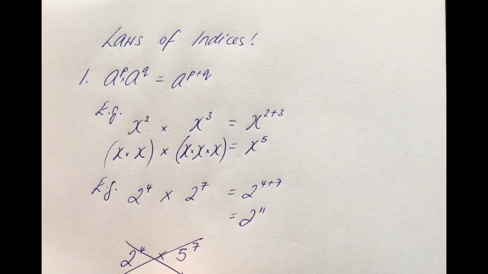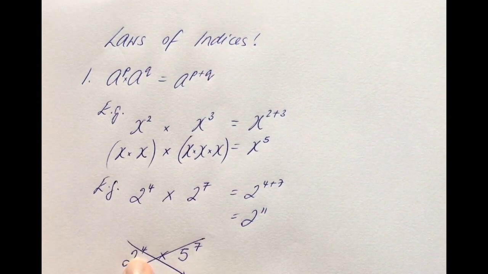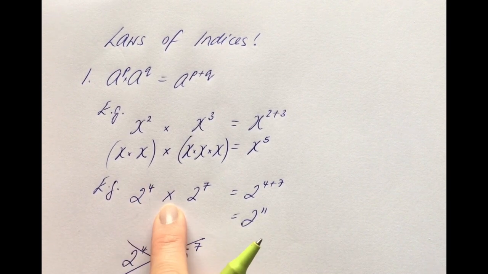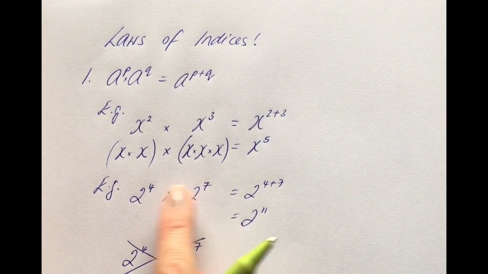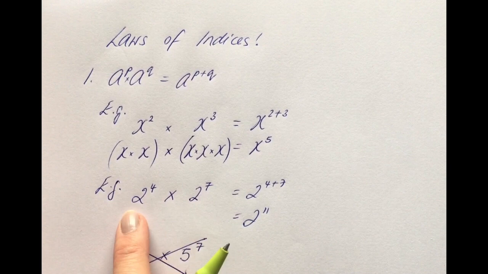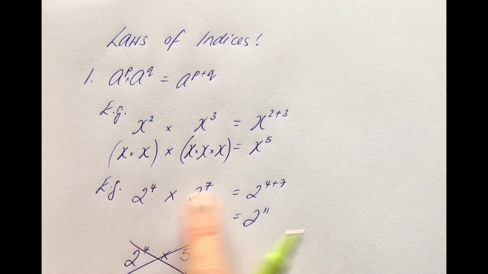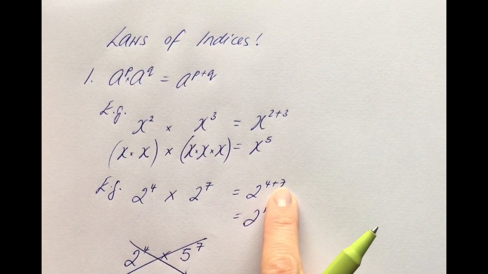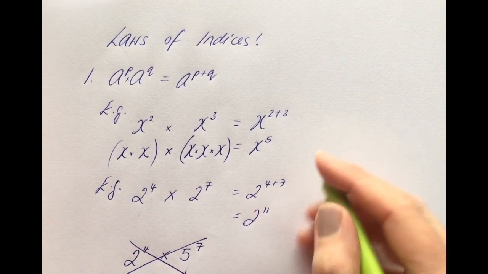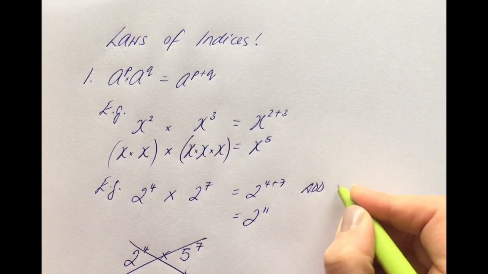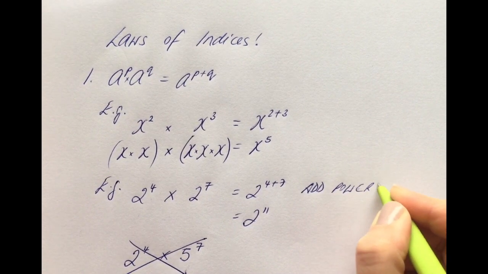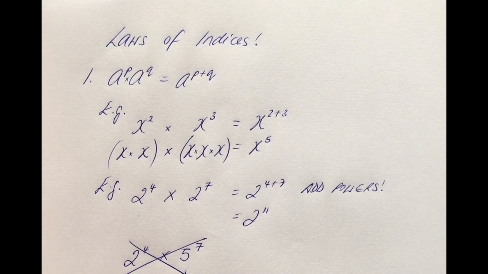That won't work, because it's not the same number that's being raised. It has to be 2 to a power times 2 to another power, and if they are both powers of 2 and you're multiplying, then you can add the powers. So that's the key thing. When it's multiplication, we can add the powers, and that's how we can simplify it.